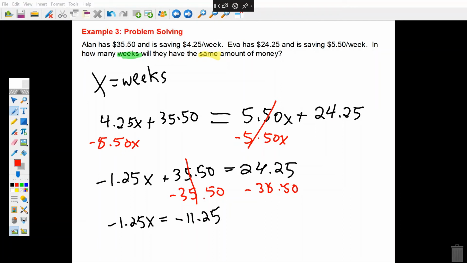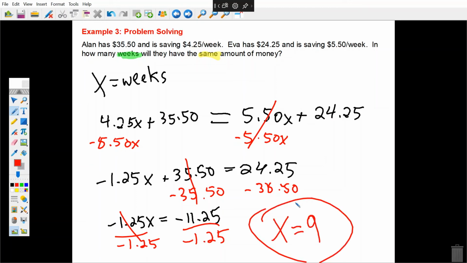Final step is to divide both sides by negative 1.25, excuse me. So cancel, leaving us with x equals 9. So in 9 weeks, Alan and Eva will have the same amount of money.